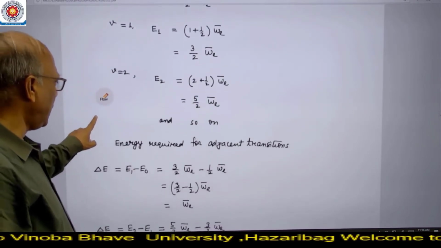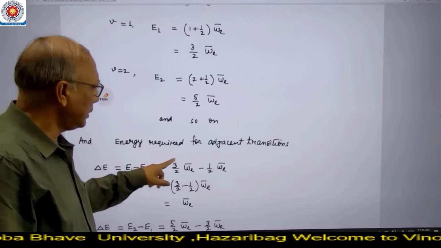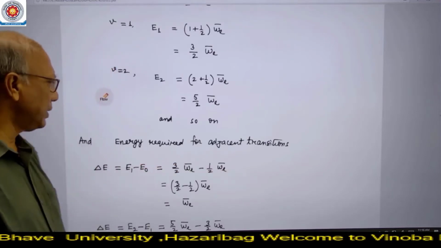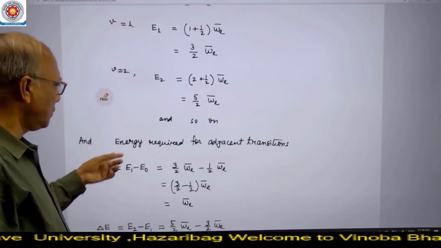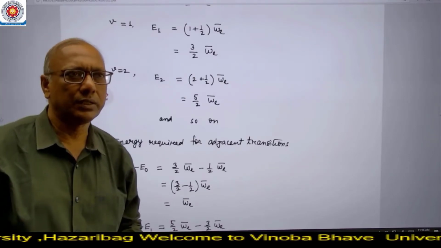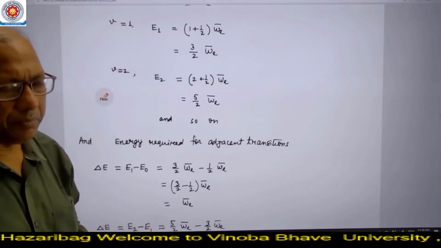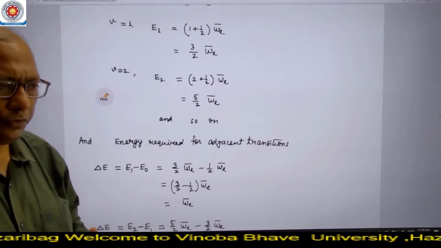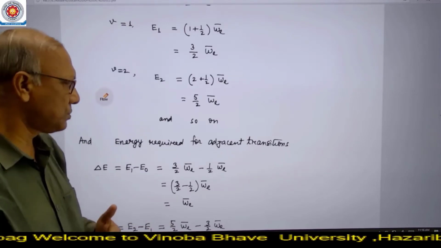And what will happen when adjacent transition takes place? That is, what energy is required for an adjacent transition, meaning transitions taking place between nearby energy levels which are very close to one another.